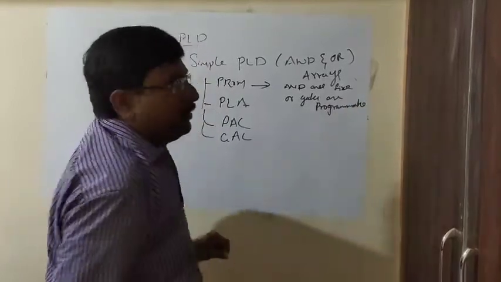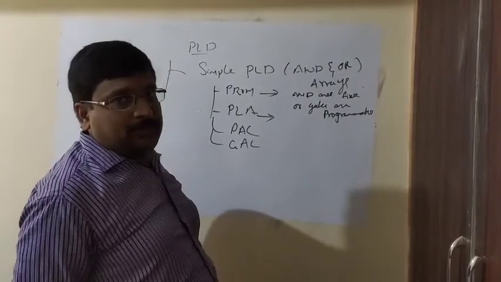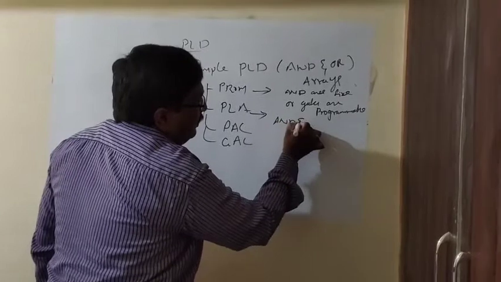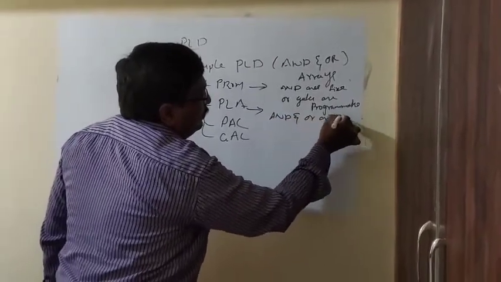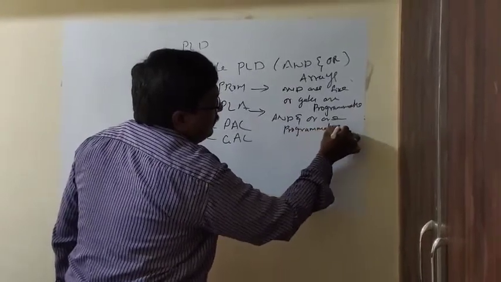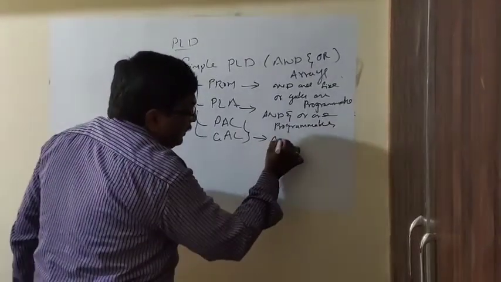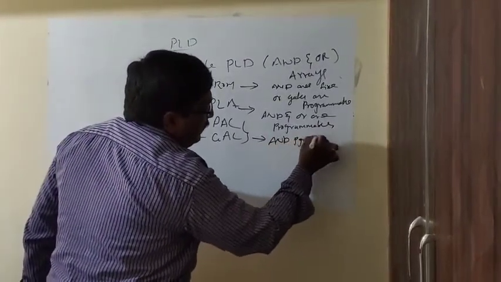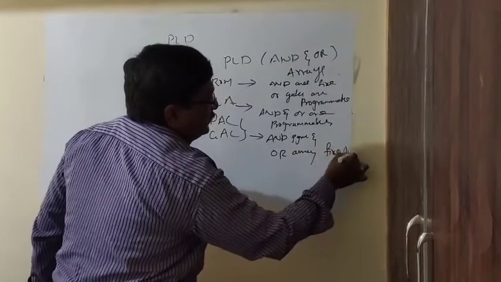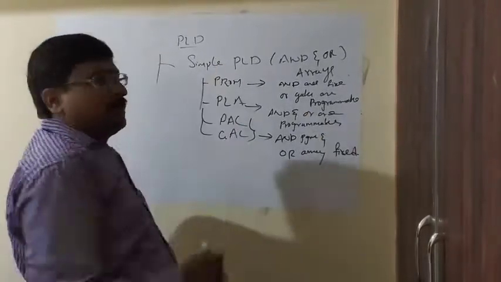For PLA, the combination of AND gate and OR gate arrays has both the AND gates and OR gates programmable. For PAL and GAL, the AND gate array is programmable and the OR gate array is fixed. These are the various types of programming performed using simple PLDs.